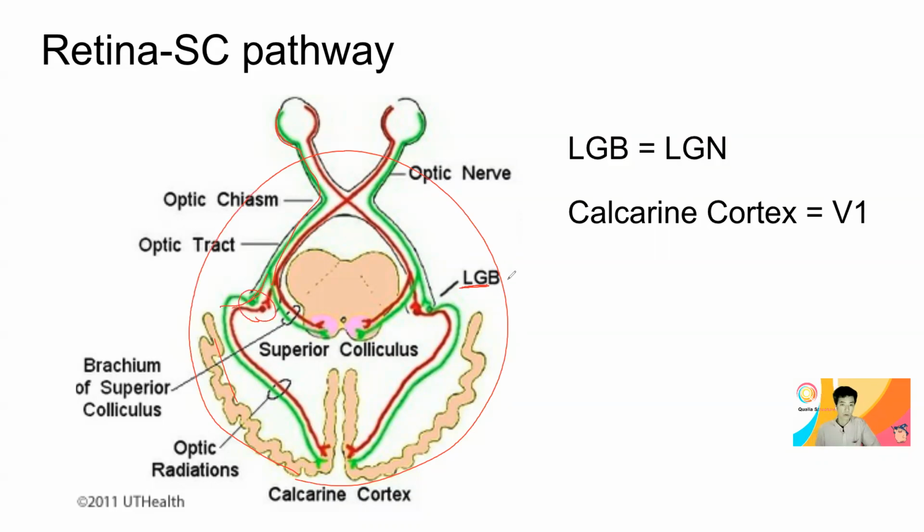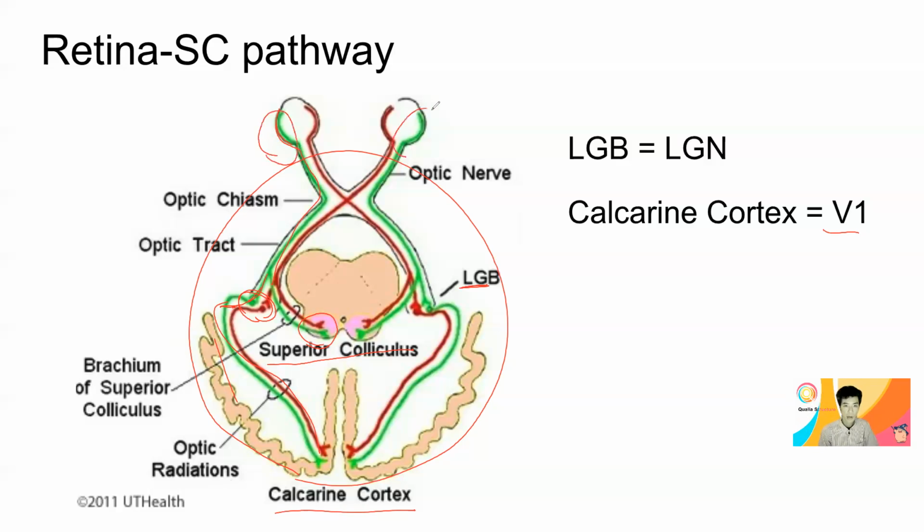In this figure it's called the lateral geniculate body, but it's the same as the lateral geniculate nucleus, LGN. Another branch goes into the middle of the brain, and behind the brainstem there is a structure called the superior colliculus, and that's here. The LGN sends its input to the calcarine cortex or calcarine sulcus, the same thing as V1, through these optic radiations. So those are the two pathways originating from the same part of the retina.